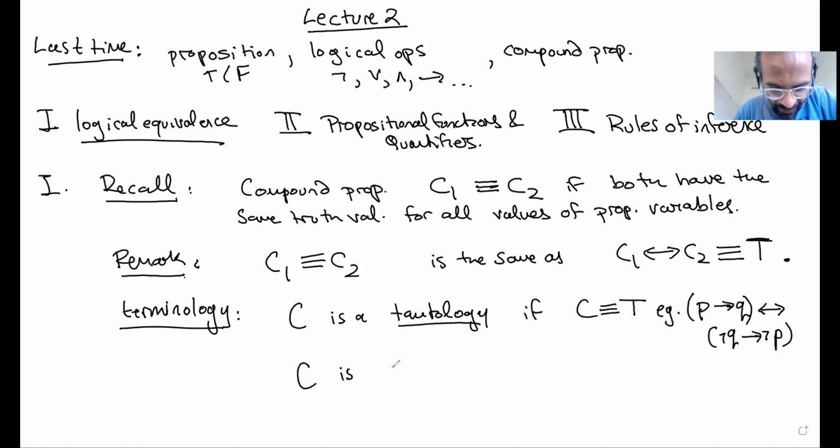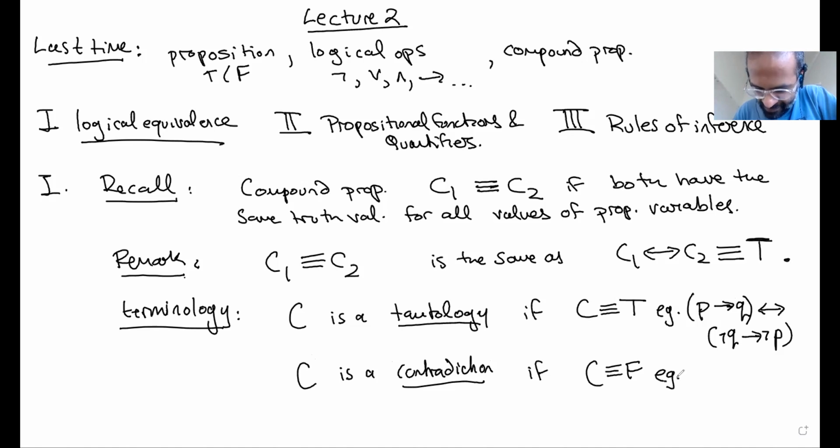And we'll say that a compound proposition is a contradiction if it's logically equivalent to false. Can anybody think of a compound proposition that's a contradiction? Like P and not P? Yeah, P and not P, that's the simplest one.